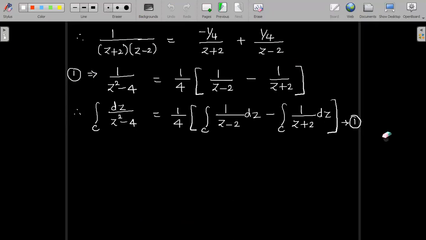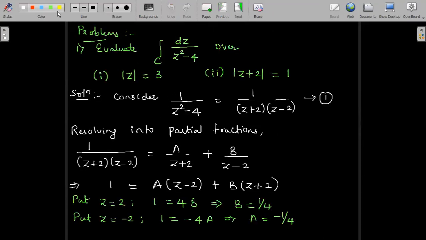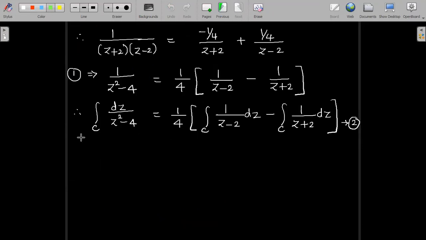Let us call this equation 2 because we have already talked about equation 1. So let me mention this as equation 2 for you. Now, the two circle equations given are the two cases we have to discuss one by one. So in the first case, that is mod z is equal to 3. Let us discuss mod z is equal to 3 first.